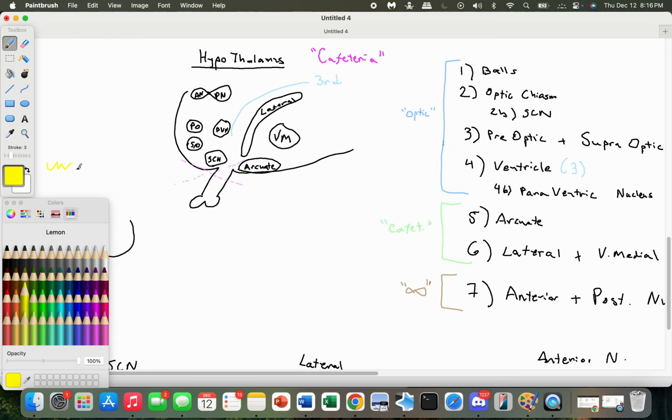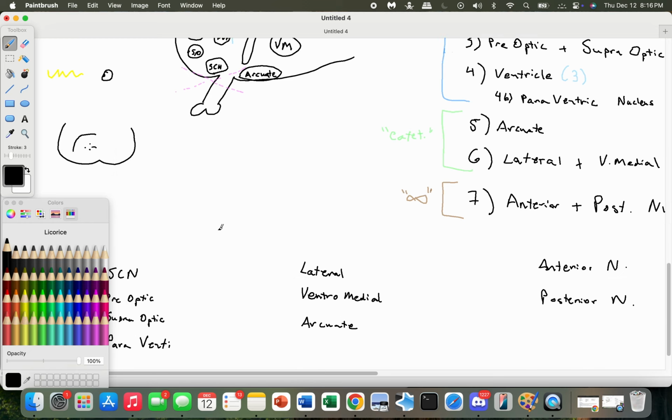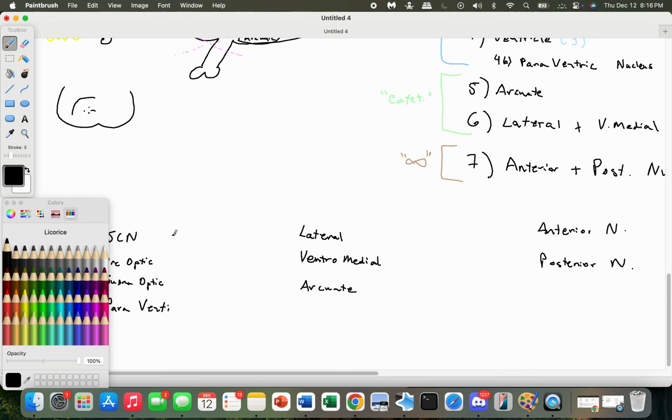Oh yeah, that's light. Light information is coming in, right? And if you use this to sense light, would you say that the SCN is a sun sensing nucleus? Yes, that is exactly what it does. So the sun sensing nucleus, or SCN, is involved in our circadian rhythm.